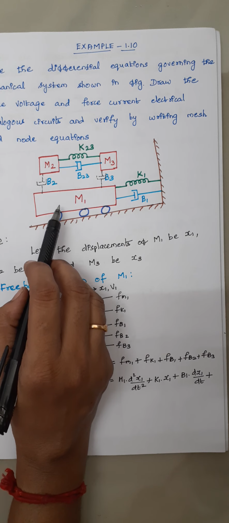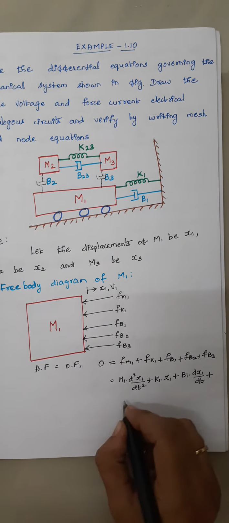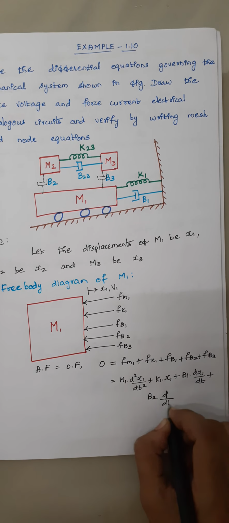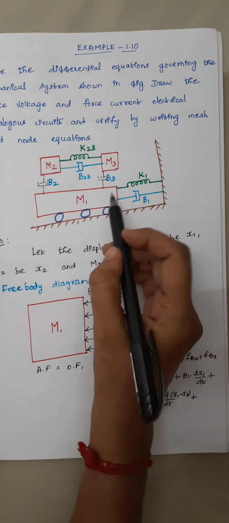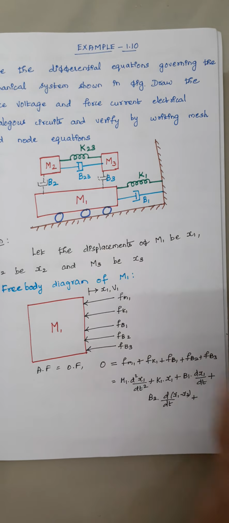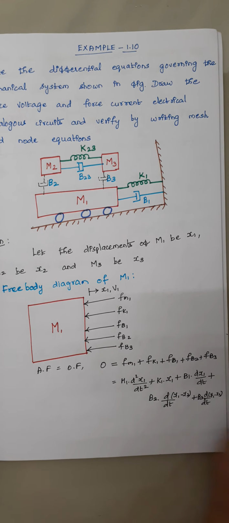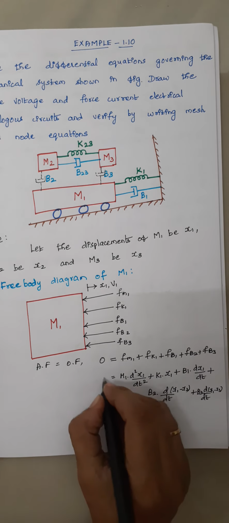That is, we have to write it as x1 minus x2. So Fb2 is nothing but B2 into d by dt of x1 minus x2. And finally B3: for B3 we have to write B3 into d by dt of x1 minus x3, right? So this is our equation.